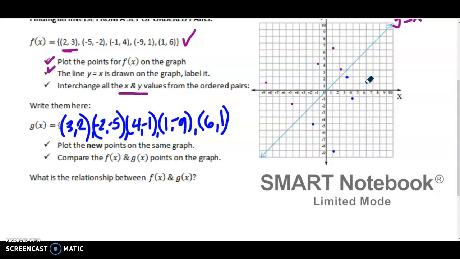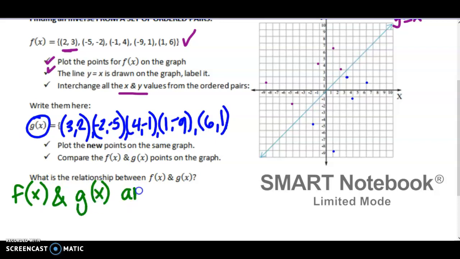And then it says compare. So this that I just did in blue represents g of x. So now I want you to compare. And if you look, what you notice is that f of x and g of x are a reflection of each other across that line y equals x.